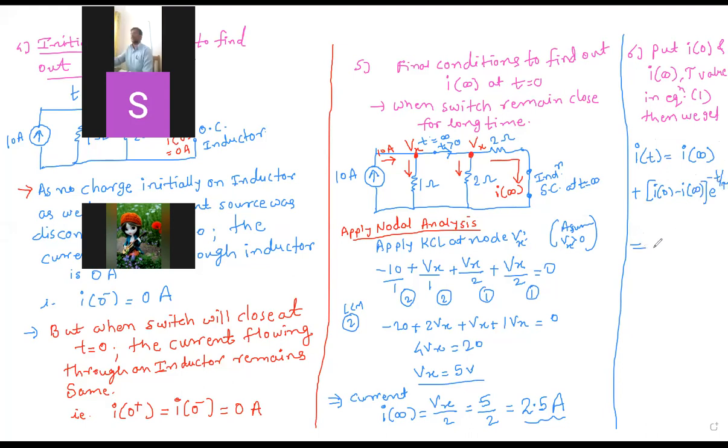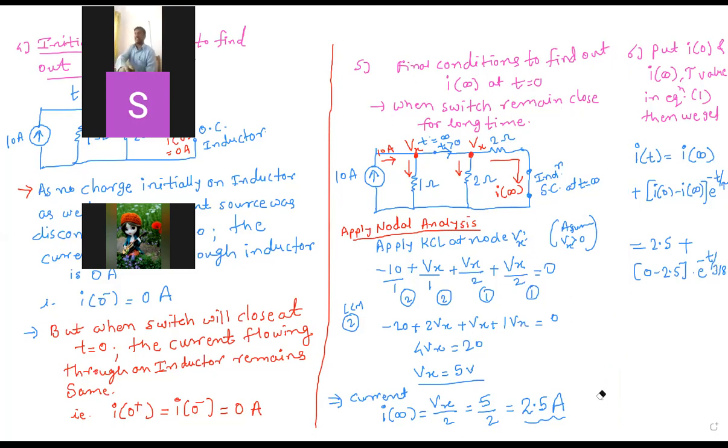So that is equal to I of infinite, what we got, 2.5, plus I of 0 is 0 minus 2.5, into e raised to minus t divided by, what was the value of tau? It is 3 by 8. So 3 by 8 you can put here, so this will become 8 by 3.